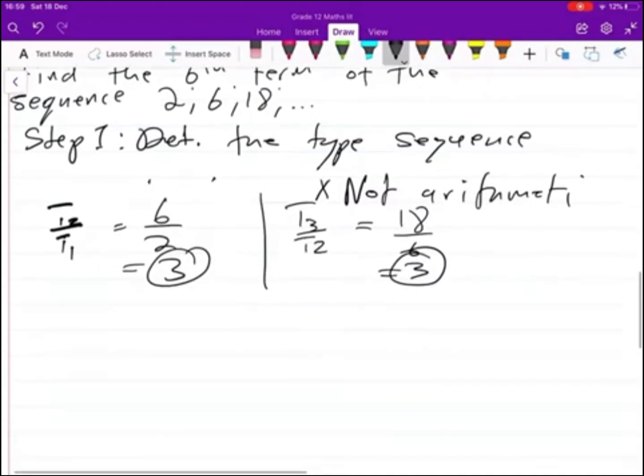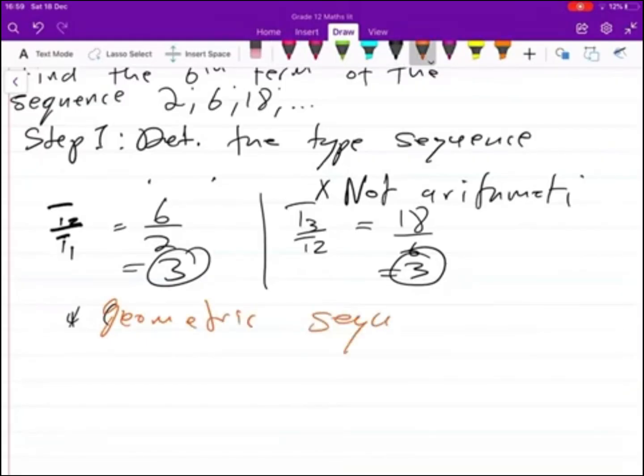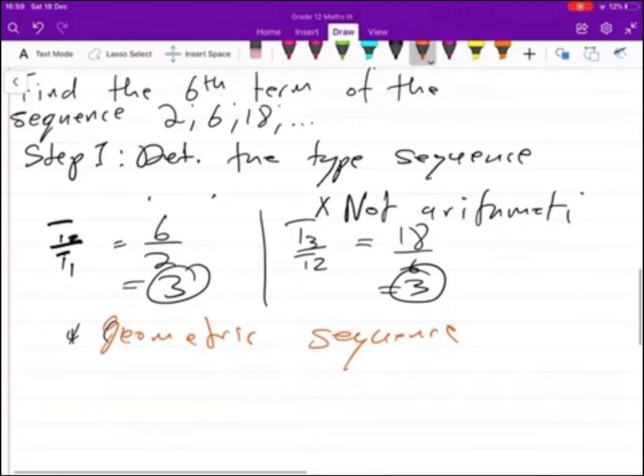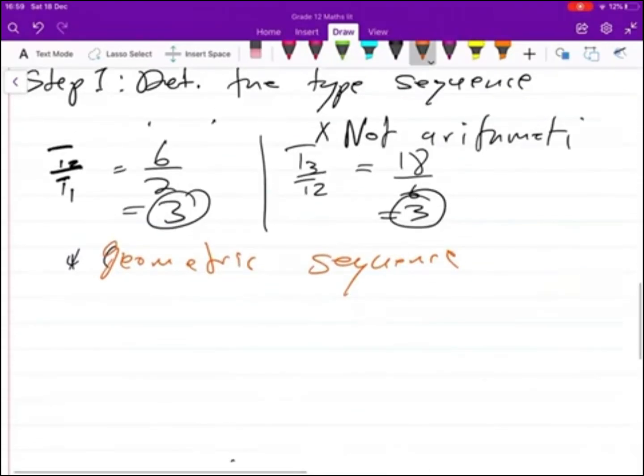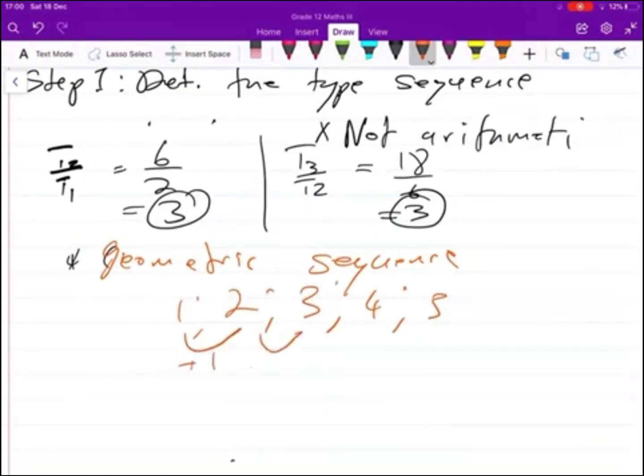Now we have ascertained that this is a geometric sequence. What you will notice is that with an arithmetic sequence, if we have 1, 2, 3, 4, 5, we are adding 1.